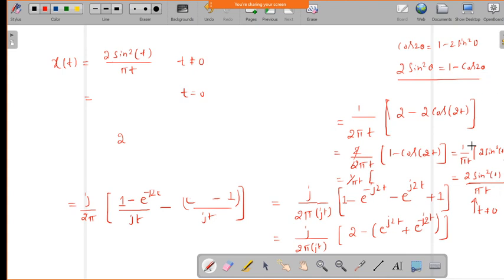We can write this as 1 minus cos 2t, cos 2 theta as 1 minus 2 sin square theta, and this also we can write.